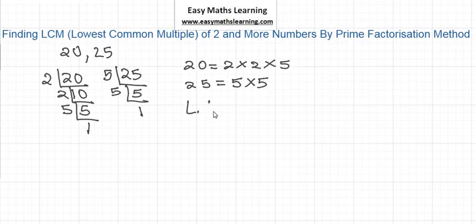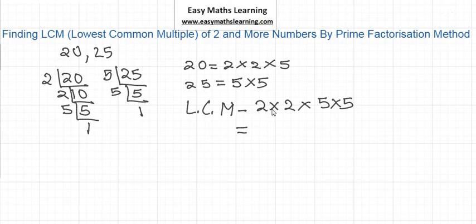Now while finding the LCM by the prime factorization method, we consider the highest occurrence of any of the numbers used as divisors. Here I can see 2 is a divisor while prime factoring 20, and it has occurred 2 times in 20, so we will consider 2 twice. 5 has occurred once while dividing 20, but it has occurred twice while dividing 25, so we will consider 5 two times.